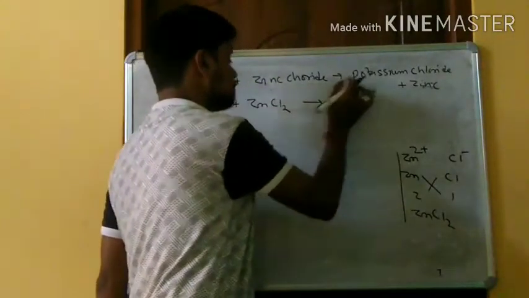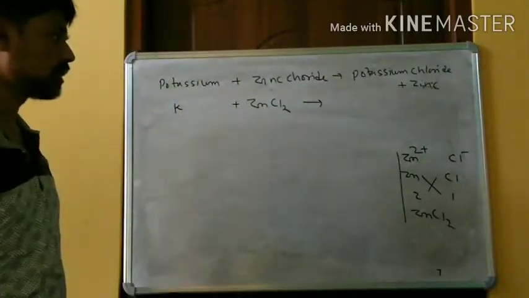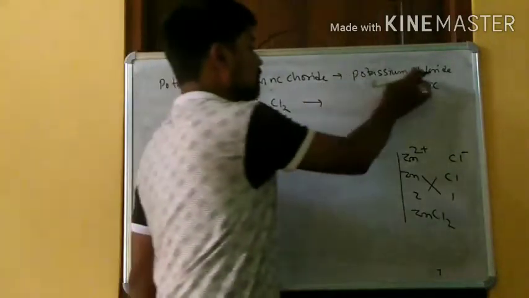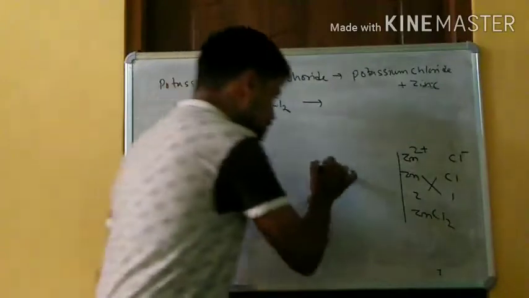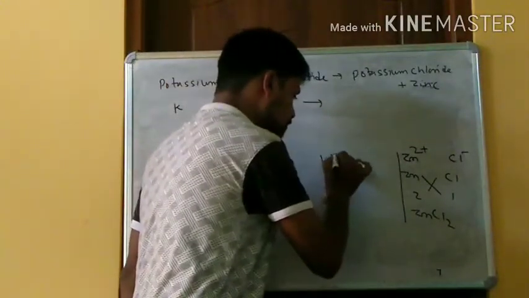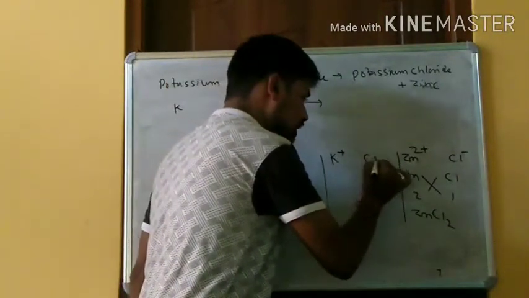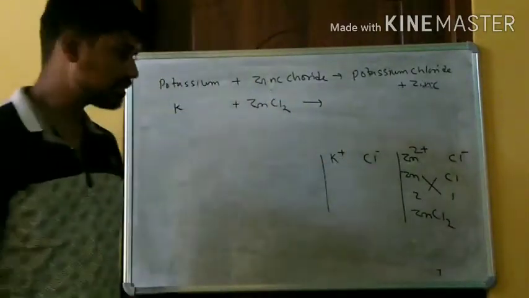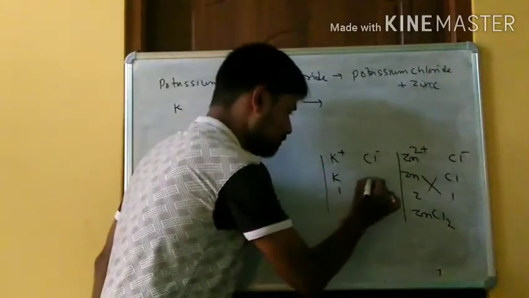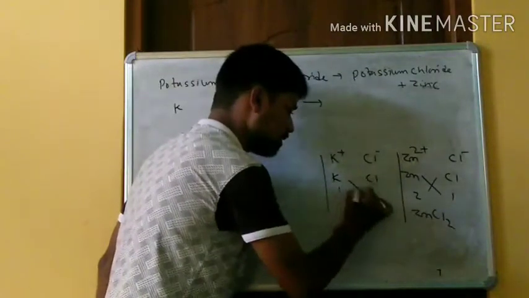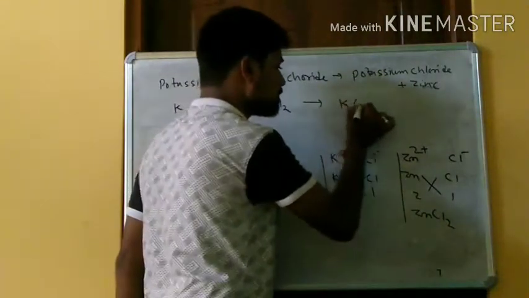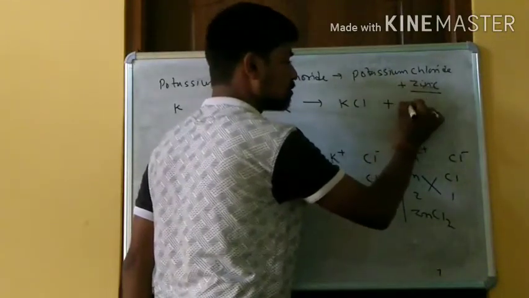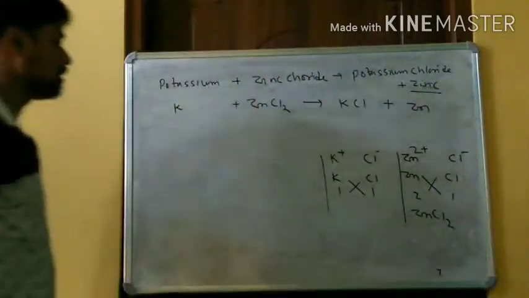Now it becomes potassium chloride. Potassium is K, but in this case potassium is in combined state. So we can identify the formula of potassium chloride by using the ionic formula. Potassium is K plus, chlorine is Cl minus. So 1 below K, 1 below Cl. It will become KCl. Here zinc is in single form, so we use Zn.